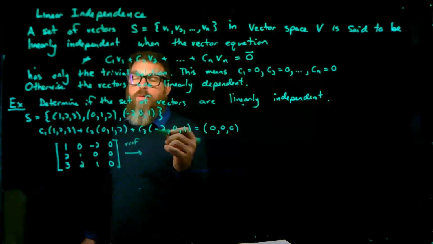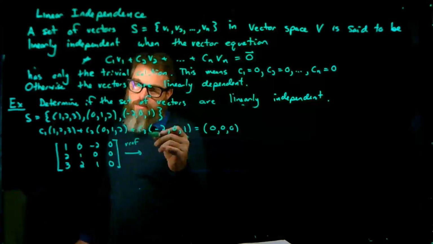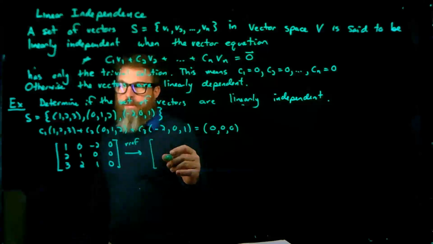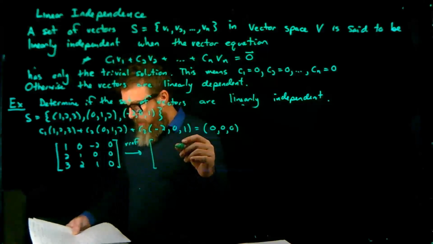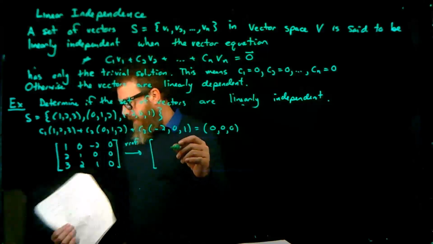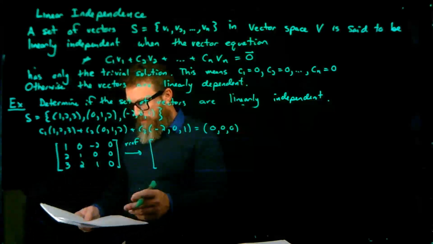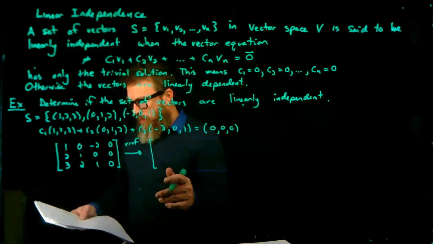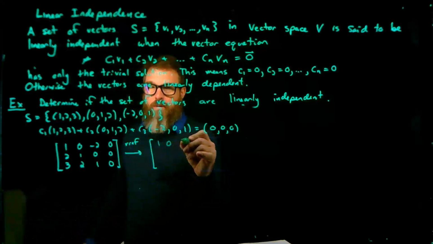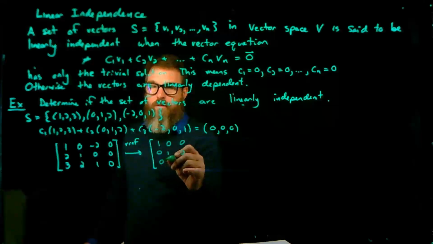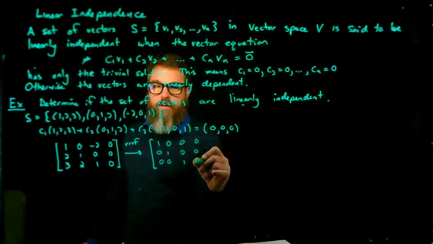So we're going to row reduce this matrix A, and what we're going to get back is the identity, joined with 0. So what we're going to get is 1, 0, 0, 0, 1, 0, 0, 0, 1, and these will be zeros.